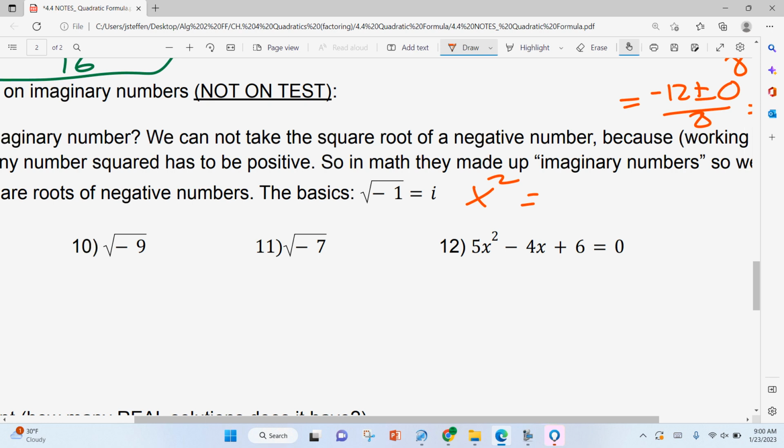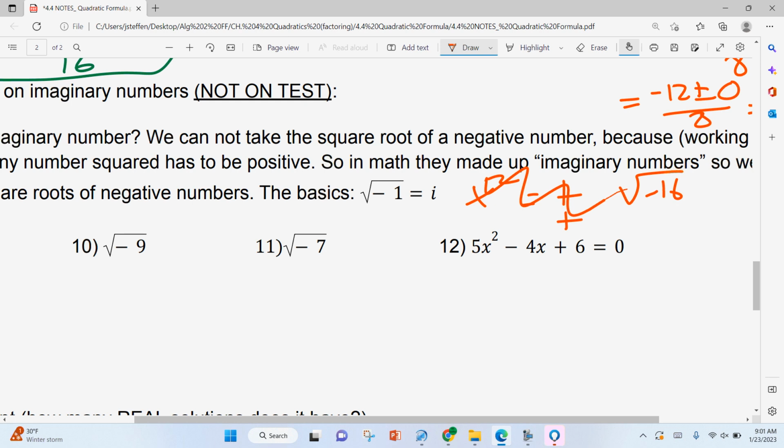If you plug in a positive number, squared is a positive. If you plug in a negative number times a negative number, negative 2 times negative 2 is positive 4, so that's also positive. So the square root is the exact opposite. That's why, what is the square root of negative 16? Well, it's not positive 4, but it's not negative 4. There's no answer to that.